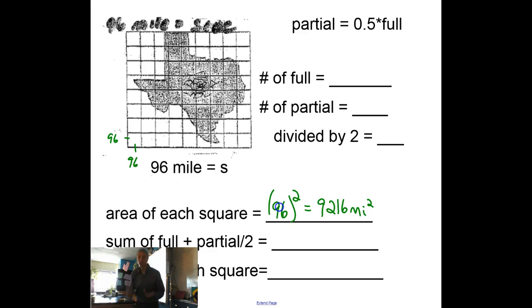Okay, so let's do the same method. Let's count the number of full boxes and partial boxes. Well, first thing we need to do is mark them. It looks like it's cut off. There's a little bay there. It might not show up that well, but there's a little bay cut out.